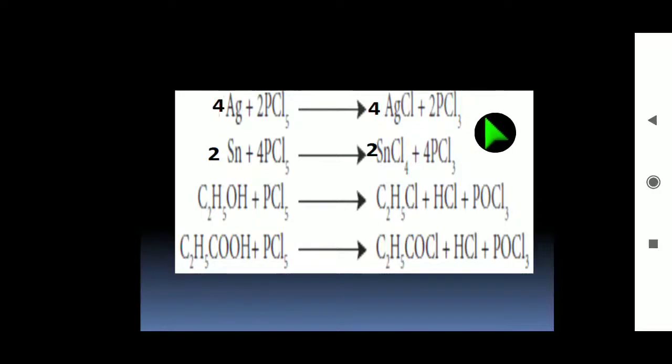In this equation, on the right side 2 into 3, 6 plus 4, 10 chlorine, left side also 10 chlorine, silver 4, here also 4, equation balanced. The second equation is balanced. Third and fourth, everything is balanced, just for reference.